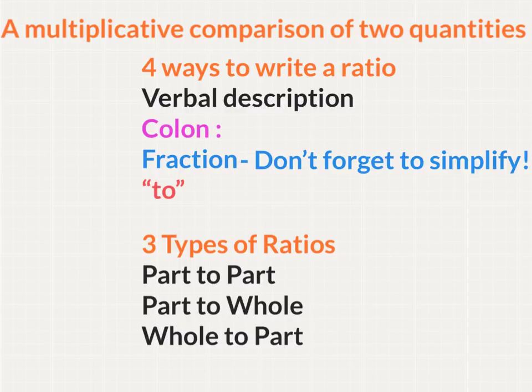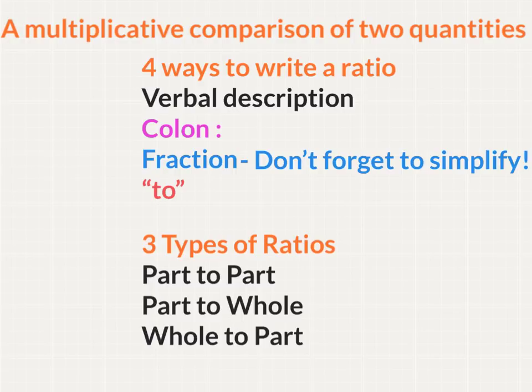Let's go ahead and wrap up this lesson. We know that a ratio is a multiplicative comparison of two quantities describing the same attribute. We know there are 4 ways to write a ratio: a verbal description using words, a colon, the 2 dots you might see in ELAR, or maybe as you read the time on a digital watch.